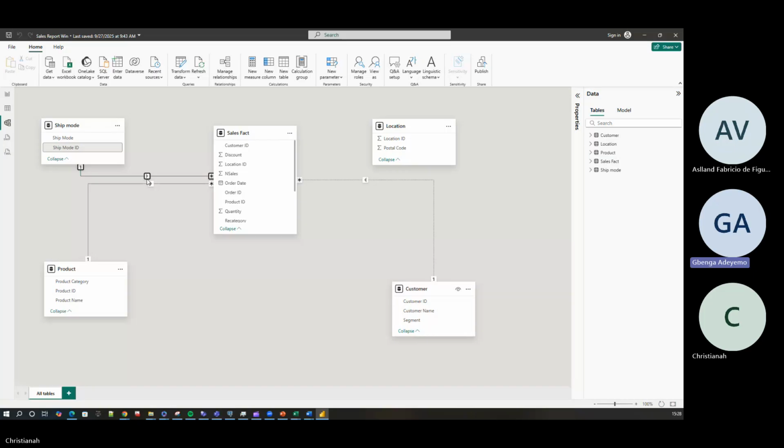For example, in my charts, I can have all the ship mode in a column chart, and any measure that comes from the sales fact, maybe I want to say total sales, total profits, blah, blah, blah, I'm going to be able to do that because of the active relationship between them. And because the ship mode table is the one that will be filtering the sales fact. Now, in the normal way, the ship mode table is going to be the one that will be filtering the sales fact.